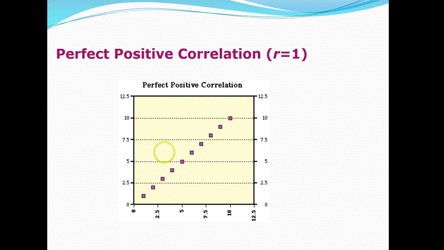So your 2.5, as it gets to 10,000 pesos, what we have seen is that the IQ, so obviously this is not IQ because it's 2.5, 5, 7.5, and 10. So you just use your imagination that supposing this is an IQ in the y-axis starting at 80, then 90, then 100, then 110, 120 to 130. And as your income increases, it also shows that the IQ also increases. And that's what we call perfect positive correlation.